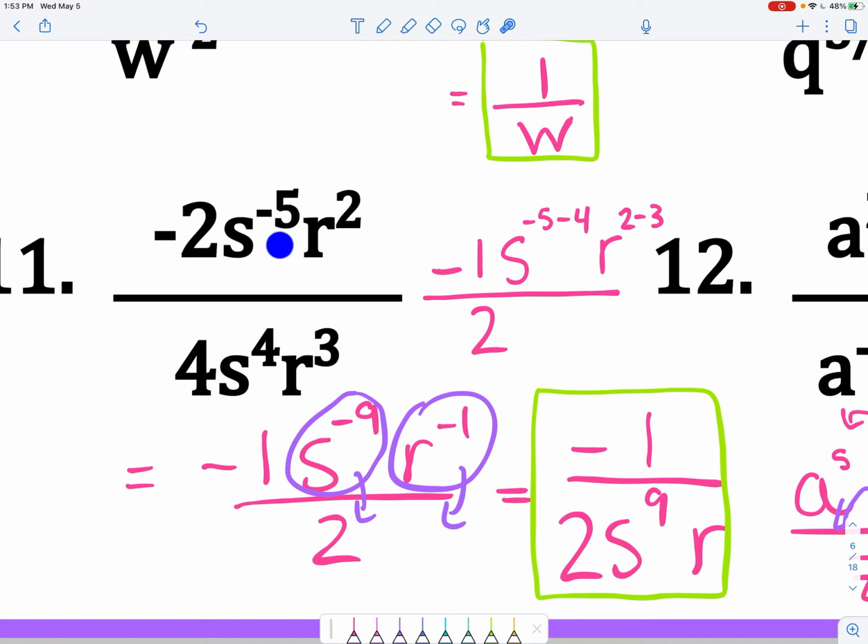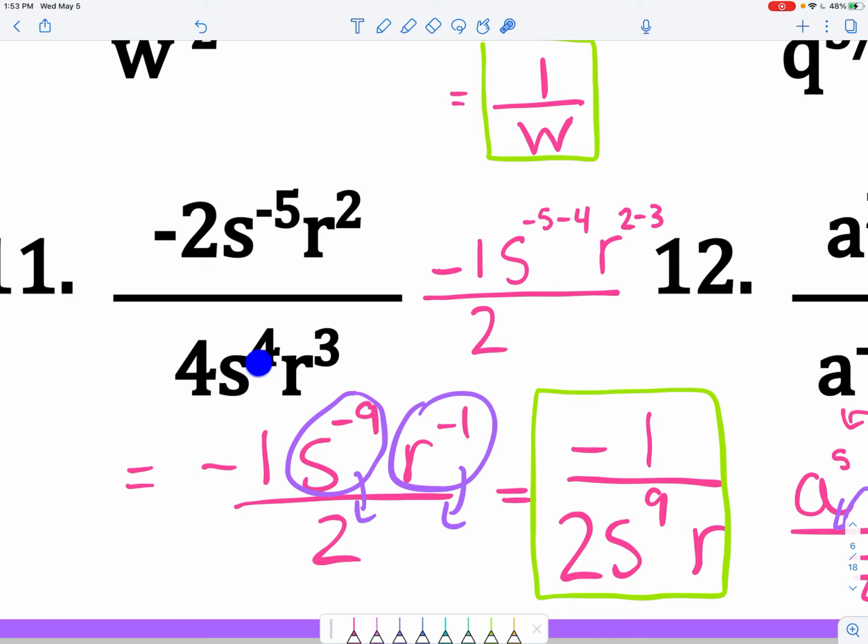When that's the case, the only thing affected by the exponent is the thing it's directly touching. So I treat them as coefficients, and I can multiply and divide coefficients the same way as always. But because I don't get a nice integer, I reduced it to a negative 1/2.